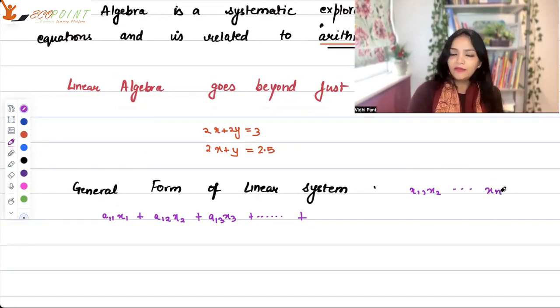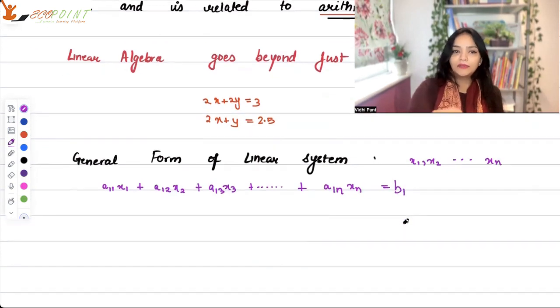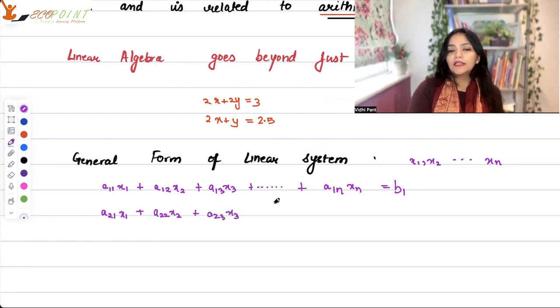That is, you have the n variable case. So you will go on till a1n xn equal to say b1. Similarly, there is another equation: a21 x1 plus a22 x2 plus a23 x3, so on and so forth, till a2n xn is equal to b2.